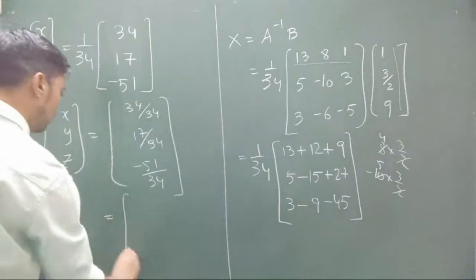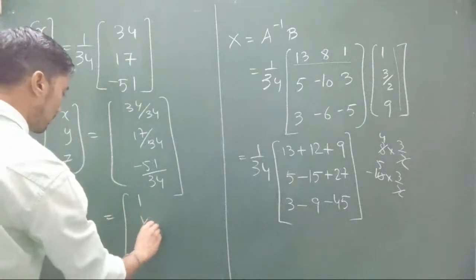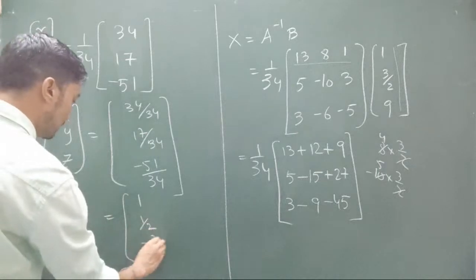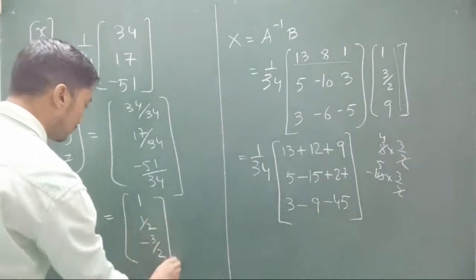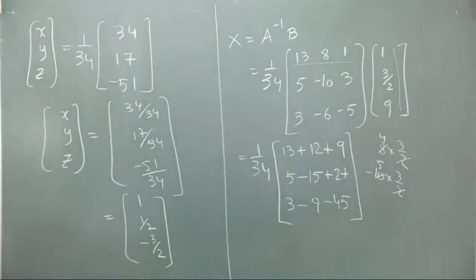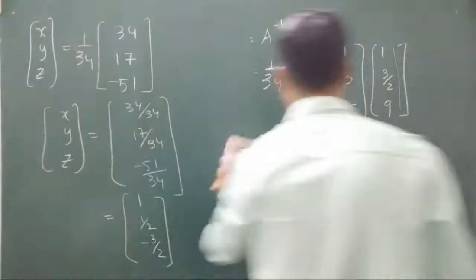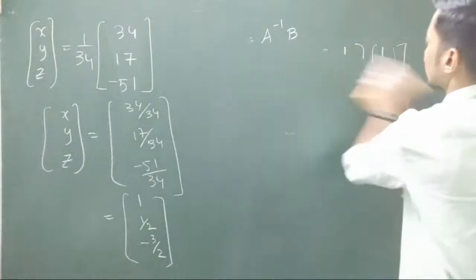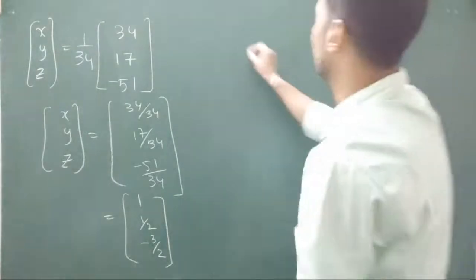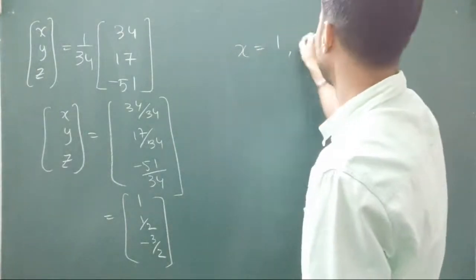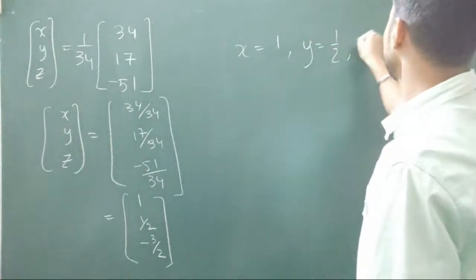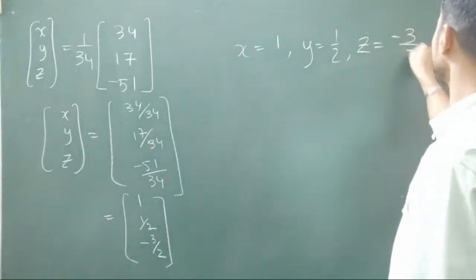So that would be 1 by 2, 17 3s are 51, 17 2s are 34. So x is 1, y is 1 by 2, z is minus 3 by 2.